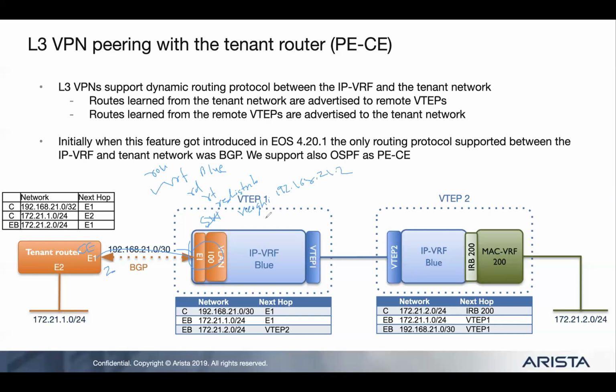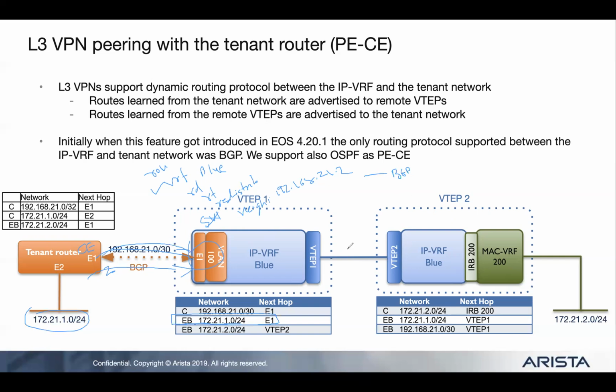We will bring up a normal BGP neighborship between these two. Now what will happen? You advertise this prefix through the BGP neighborship to this device. So you receive this route through normal BGP peering, not EVPN, and install it into your router VRF blue routing table.